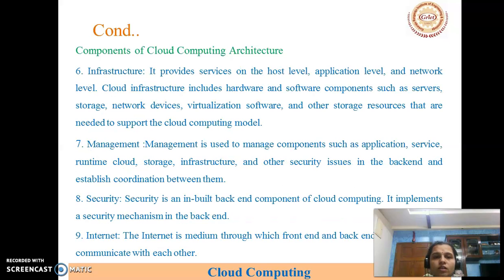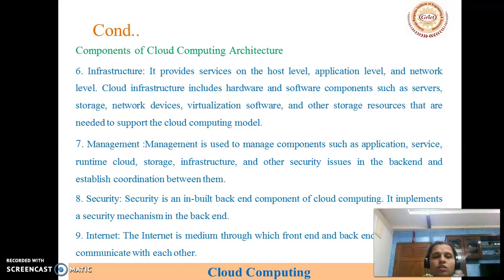Next one is the infrastructure. Suppose I may not always need only software as a service. I may need network as a service, I may need storage as a service, or else I may need virtualization as a service. Whenever you need these types of services, they will be provided by the cloud only.